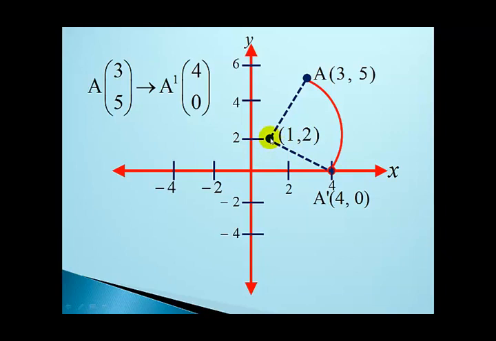Now we are rotating the point A through 90 degrees clockwise about the point (1, 2), and so we have (4, 0), that is 4 on the x-axis. So A prime is (4, 0). That is the point, and we can see that about the point (1, 2), the angle here is 90 degrees as shown.